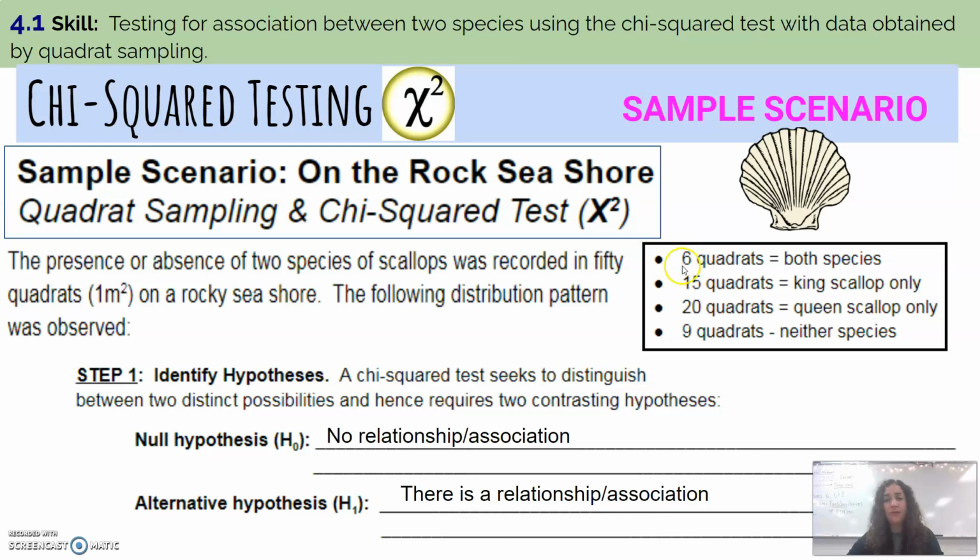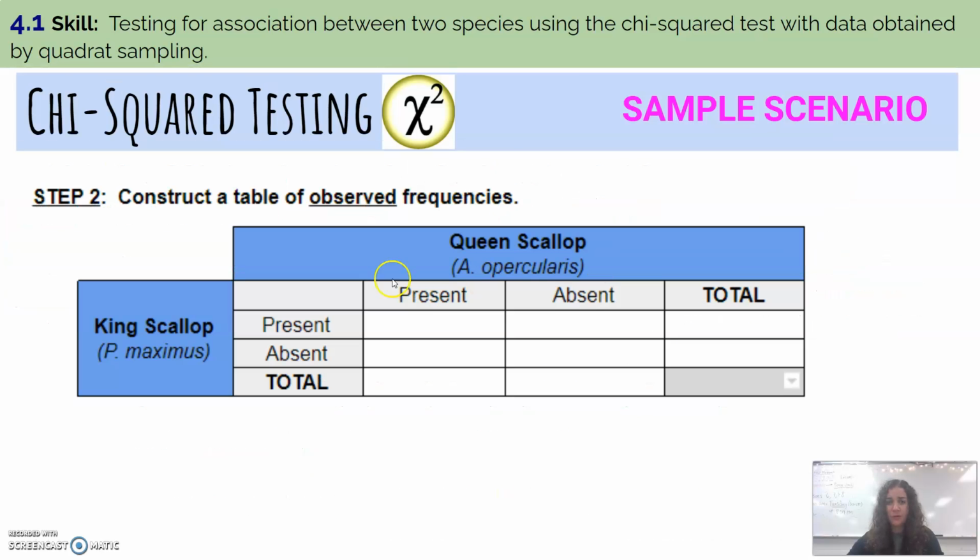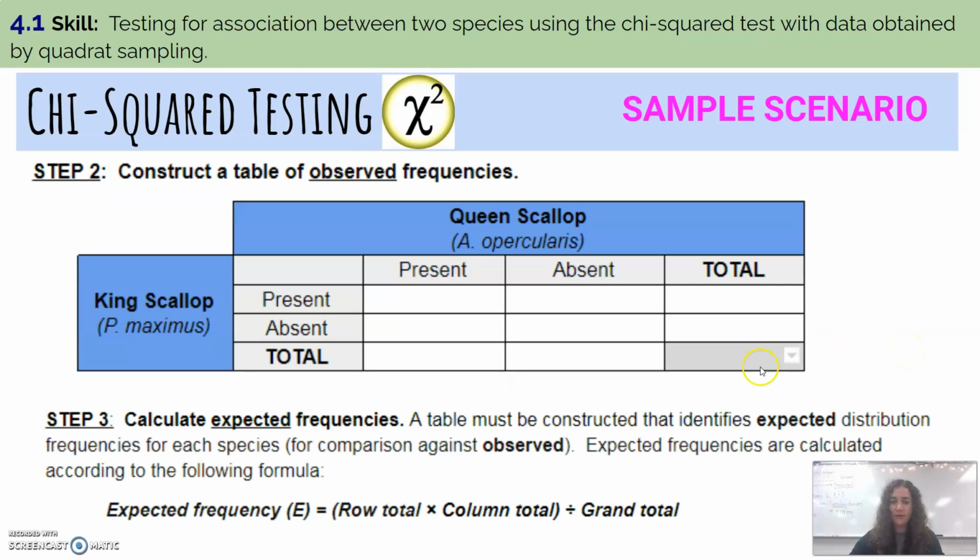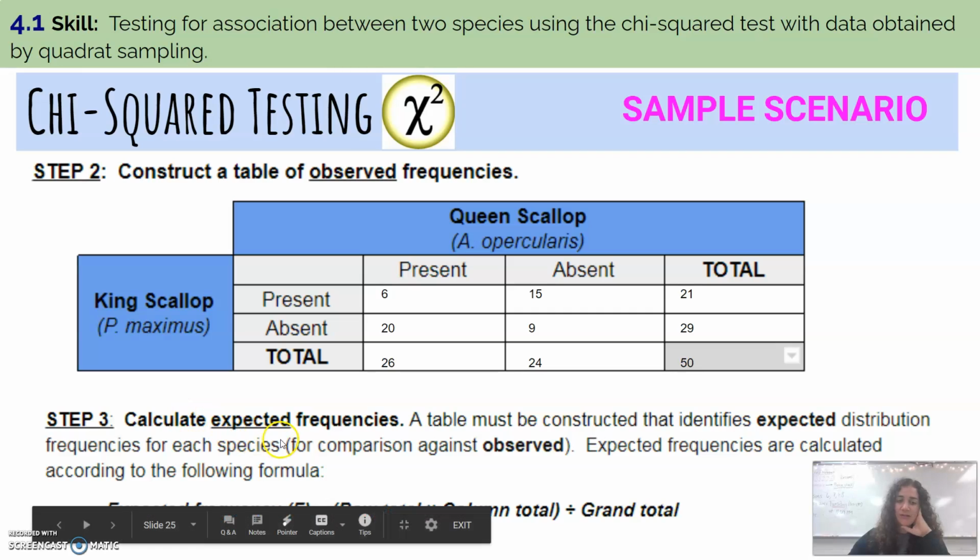So the number 6, because both species were present, would go in that top spot. I'm going to fill this in for you so you can see the numbers right here, and I would pause this video now and check that it all makes sense to you. You can see that the totals were added up. Pretty basic otherwise. Next thing you're going to do is calculate the expected frequencies.